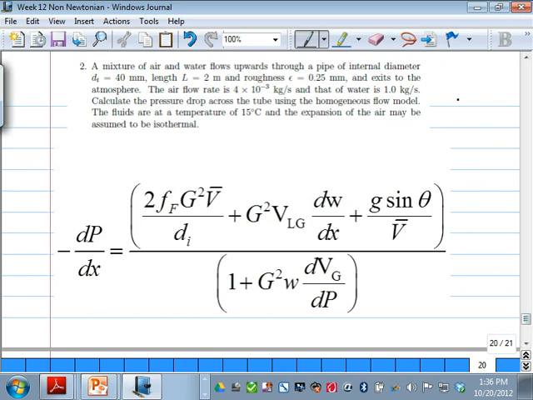Basically this is a pipe like this. The fluid goes in here and comes out here at atmospheric pressure. Here P is something we would expect to be higher than atmospheric.